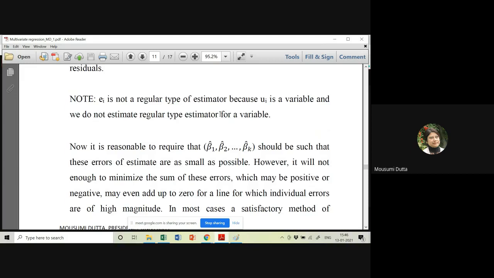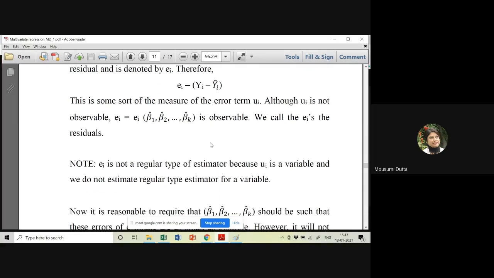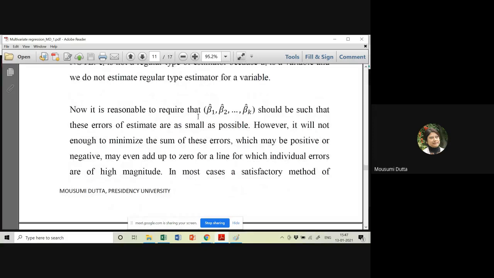Since we generally estimate the parameters, not the variables, we are telling that this ei or the residual is not a regular type of estimator. However, we understand we can use this notion of ei or residual in our further analysis of estimation, hypothesis testing, etc.